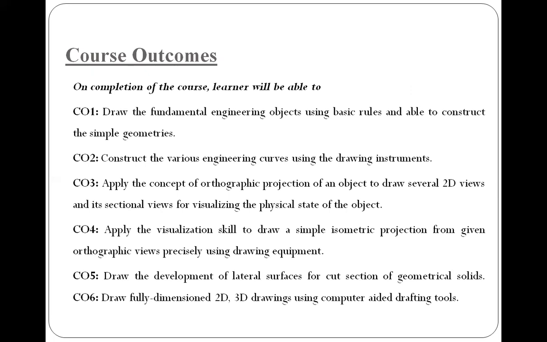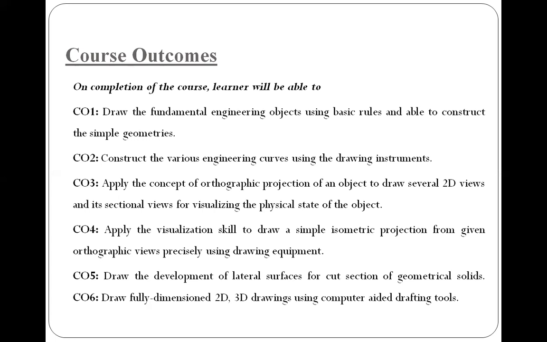Next outcome: the learner will be able to apply the concept of orthographic projection of an object to draw several 2D views and its sectional views for visualizing the physical state of the object.